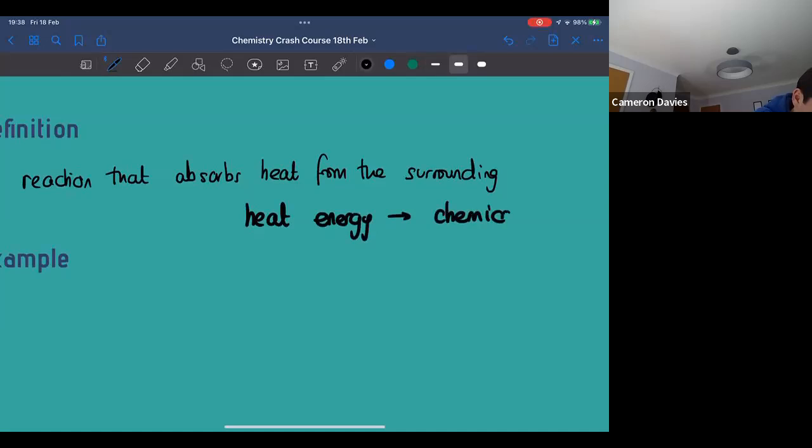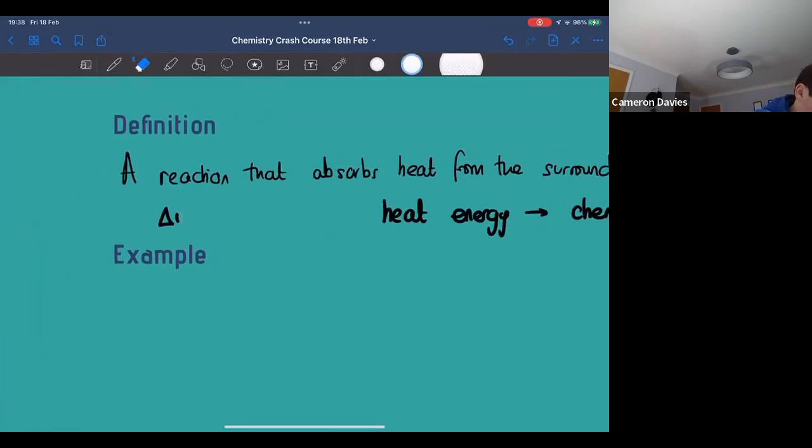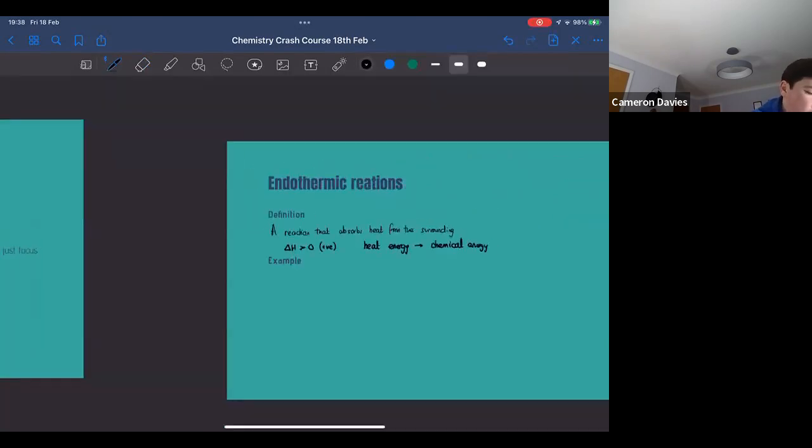And delta H, which is enthalpy change, is always going to be greater than 0, so positive, in an endothermic reaction.